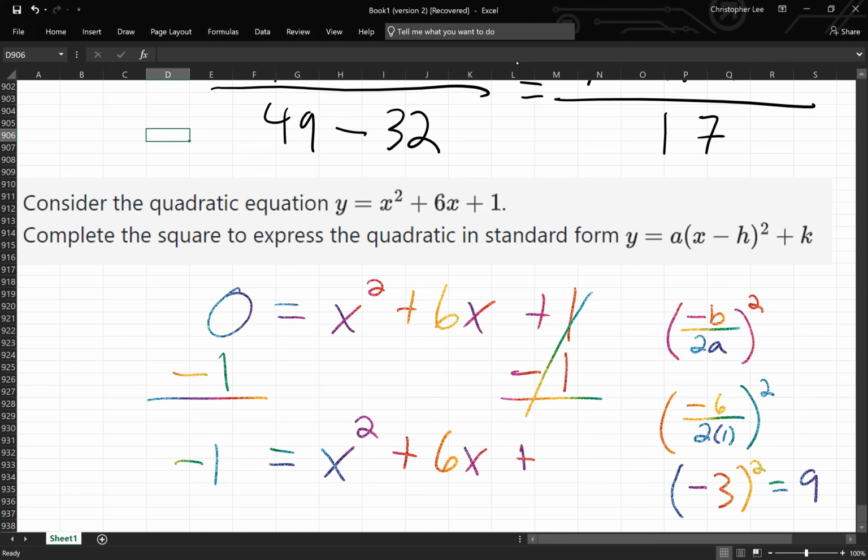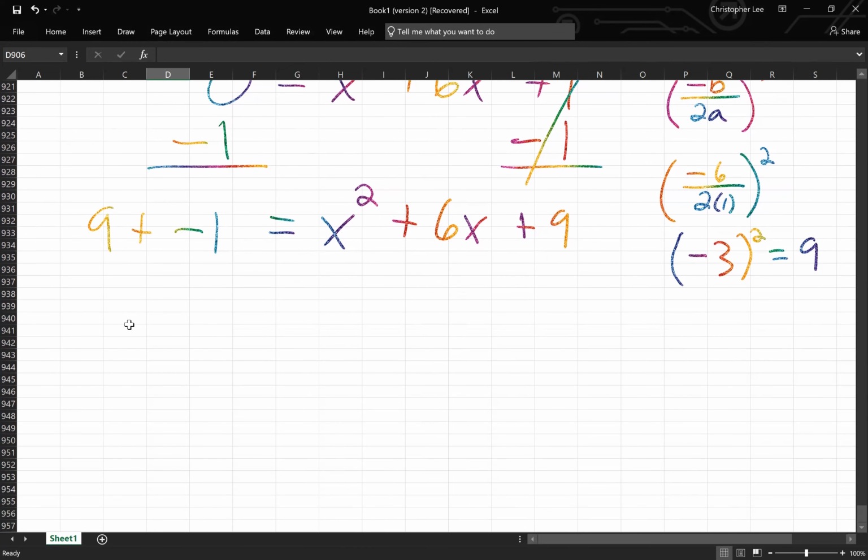So I'm going to add 9 over here. What I do to one side, I gotta do to the other. So 9 plus negative 1 is 8, equal to x plus 3, squared. I want to solve for x though, because I want the answer here, right?